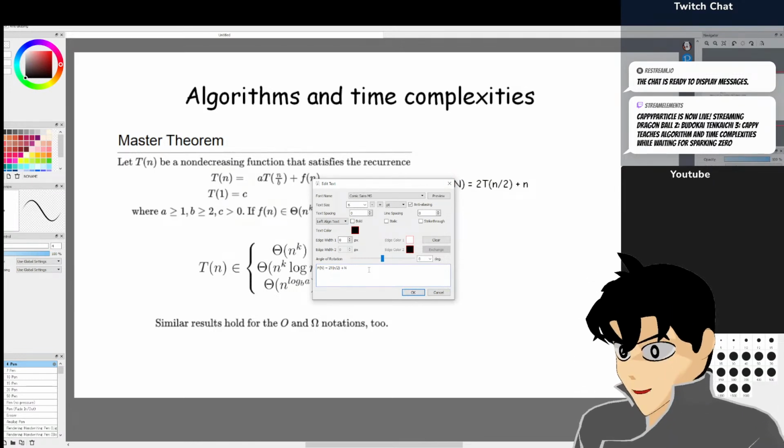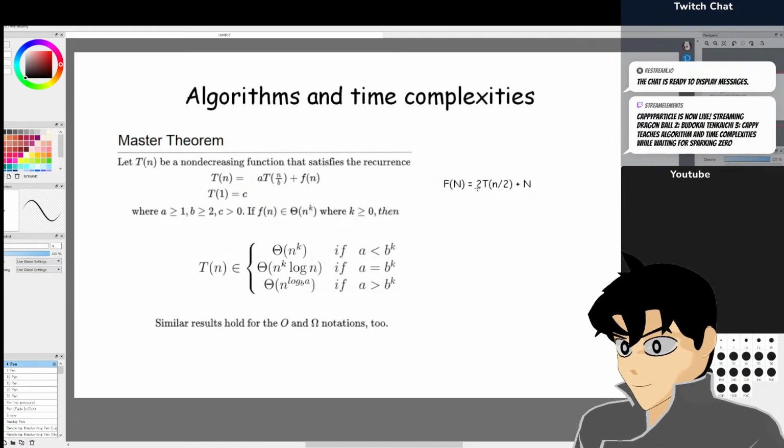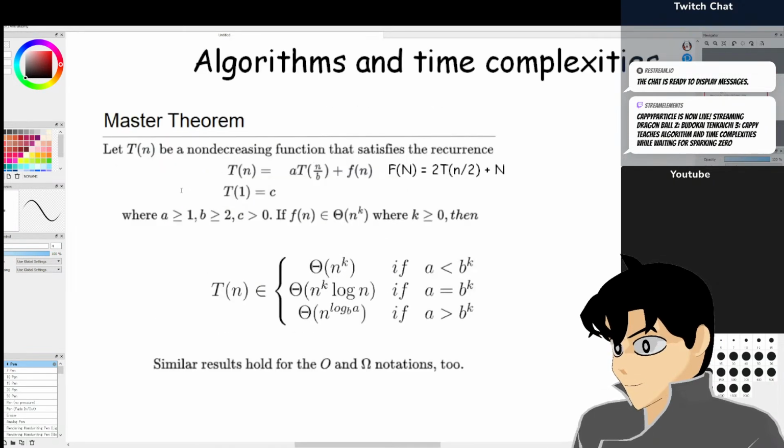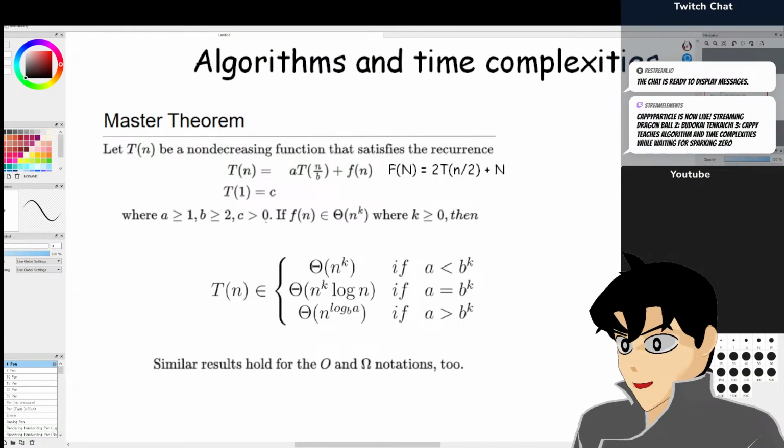We'll capitalize N. We'll have this as a side example. Master's Theorem is the idea that we pick out each number and look at it separately to see how it looks.